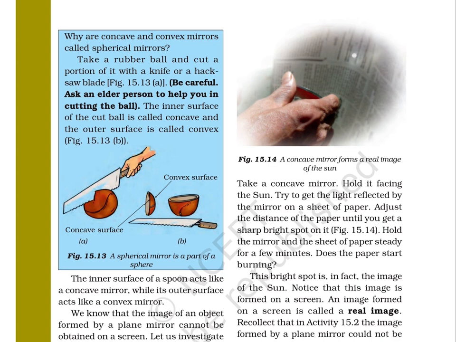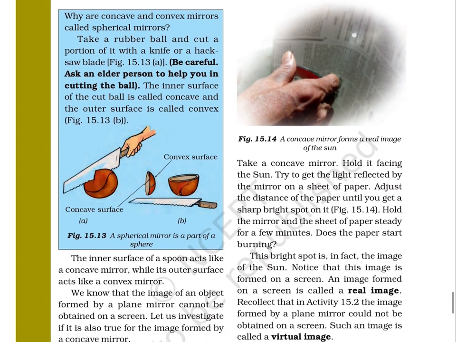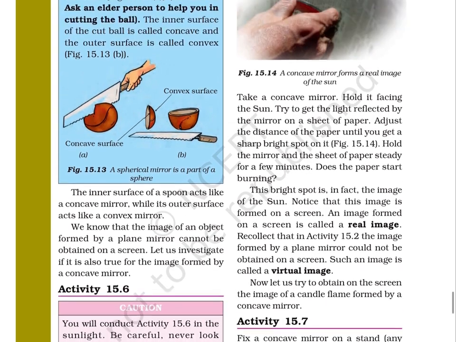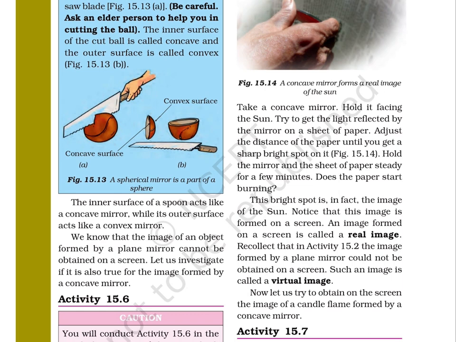The inner surface of the cut ball is called concave and the outer surface is called convex. You can observe this in figure 15.13b. Figure 15.13. A spherical mirror is a part of a sphere.